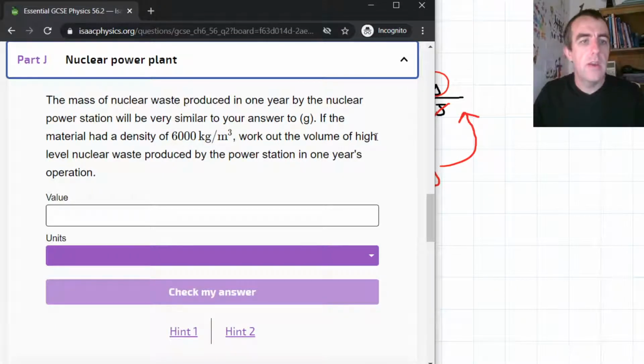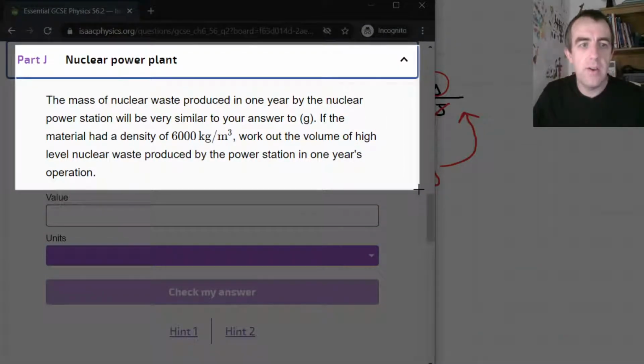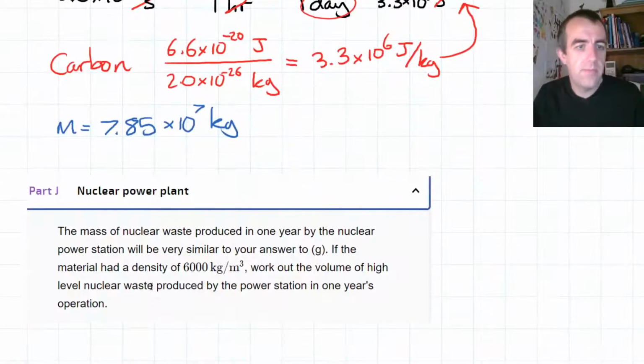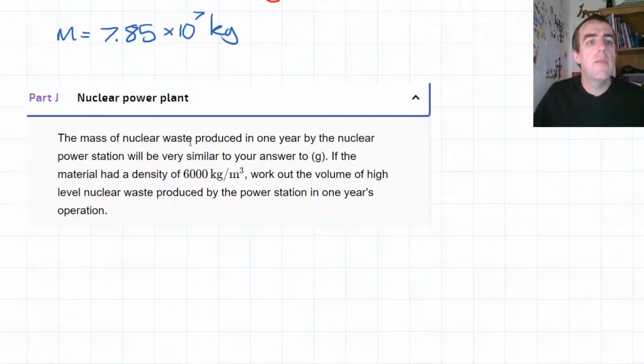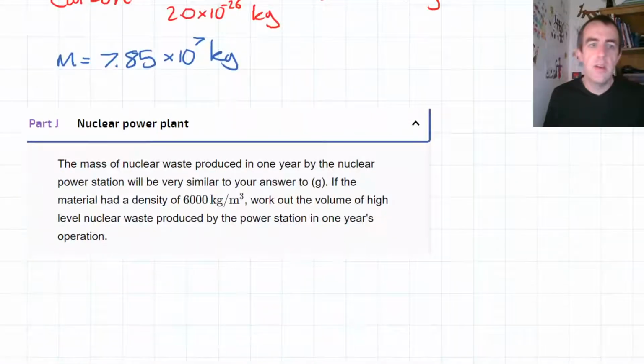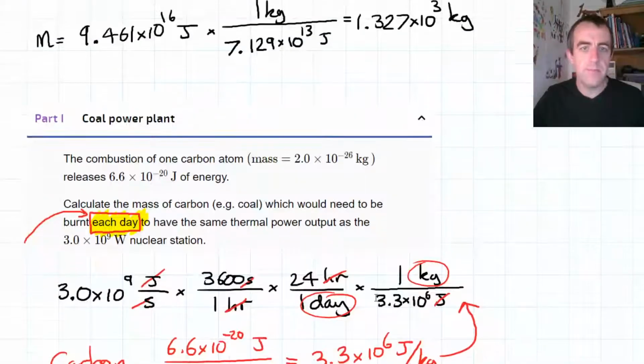Okay, so we've thrown density in the mix. Why not? We've had power and energy, let's confuse things even further. I like this question, it's a good question. So, the mass of nuclear waste produced in 1 year we've already got, which is 1.327 times 10 to the 3 kilograms, or 1.327 tons.